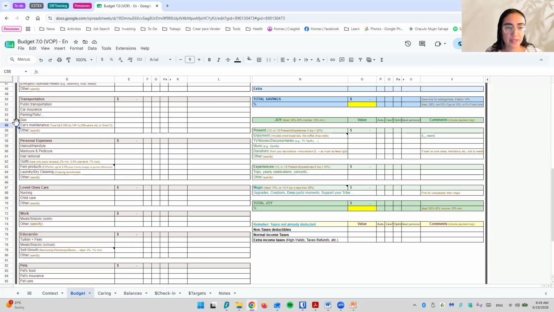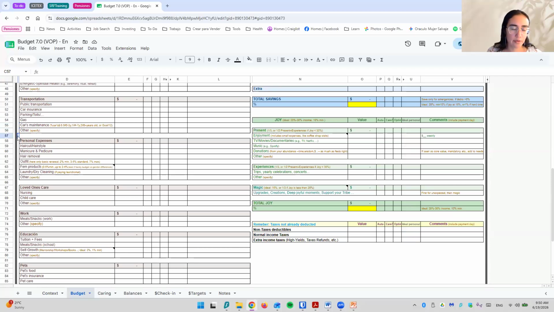Then for car maintenance, it works the same way as for the house. So you check the value of your car, how old it is, and then the percentage that is here is the suggestion. So, for instance, if my car is 3 years old, then I will have to save 0.5% of that value.